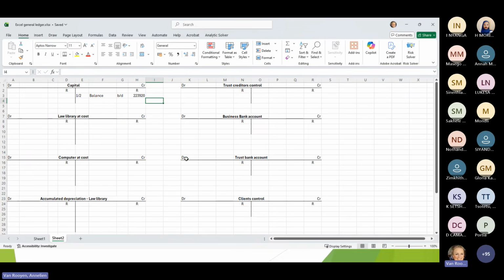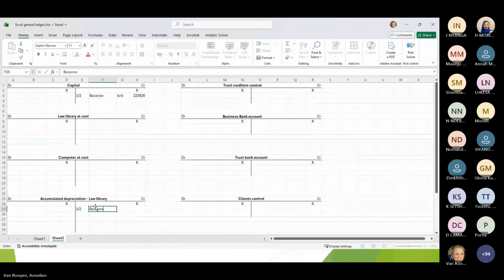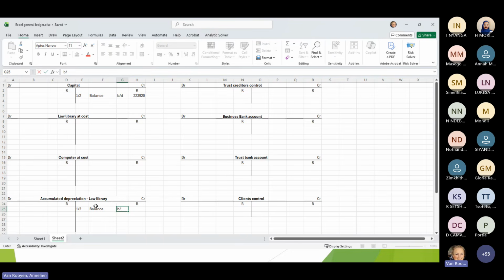Okay, the next one, accumulated depreciation, law library. Again, it's a credit. It's on the 1st of February. It's my opening balance. It is again brought down. And the amount is 3,000 Rand. Please stop me if you don't agree or you're not sure where I'm going with this.